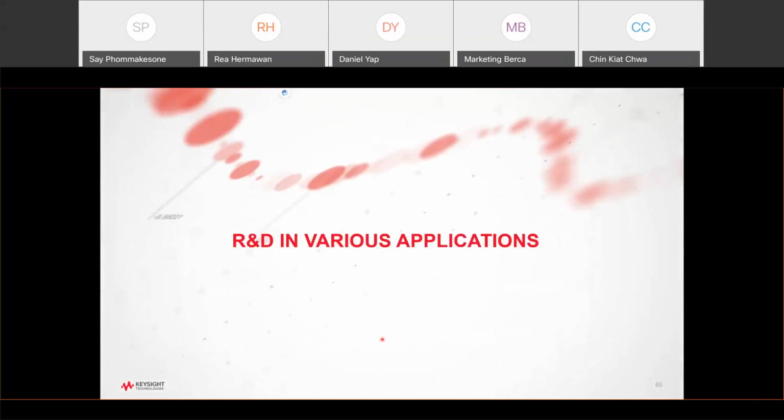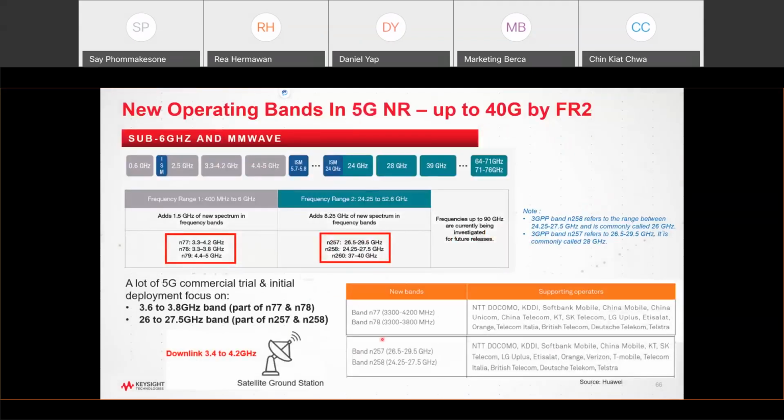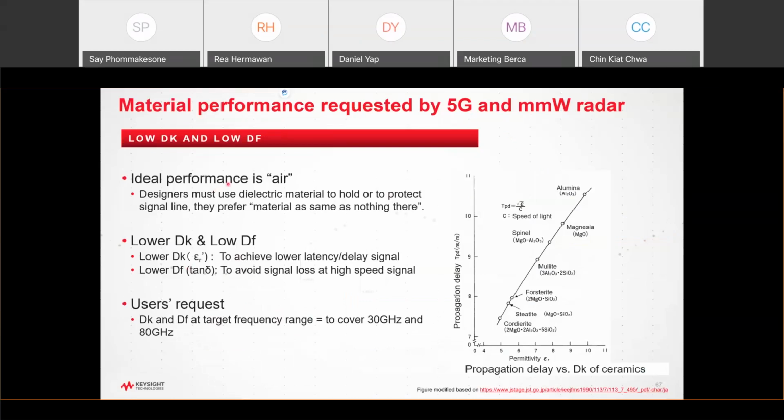Okay. So next in the research area, 5G FR2, let's say 40 gigahertz. Basically, it requires different types of material, and it requires lower loss material. So we need to make sure that we use the appropriate and correct method and fixture to measure your material. The key is that for any type of material, especially in electronics, the ideal performance is like air, right?